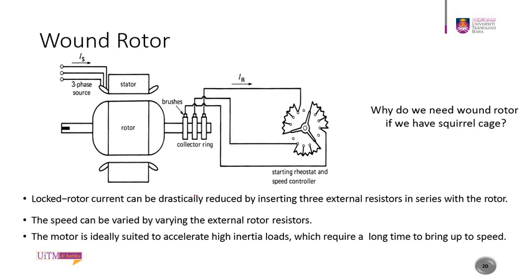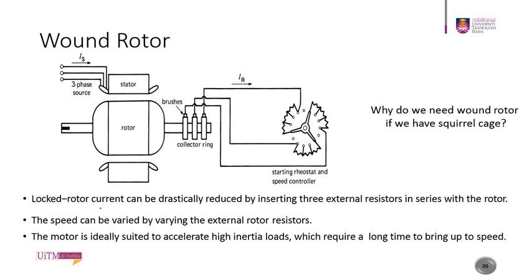So the lock rotor current. So why do we need wound rotor when we have a squirrel cage? So this is preferred maybe for larger load torque. So the lock rotor current can be drastically reduced. So the lock rotor current can be reduced by inserting 3 external resistors in series with the rotor, and the speed can be varied by varying the external rotor resistance.